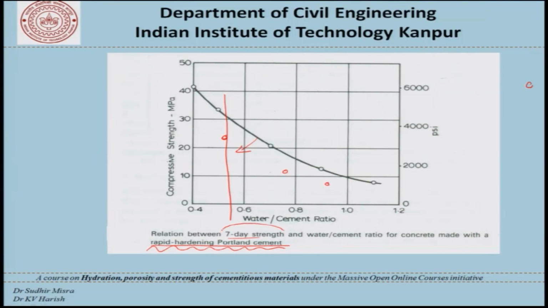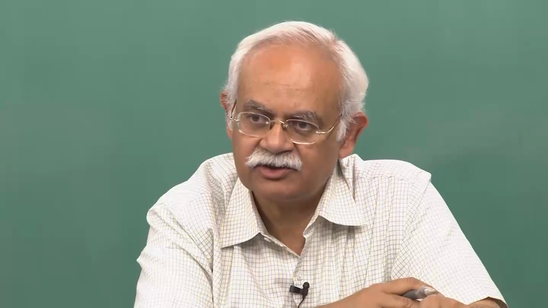Then we have, this is the 7-day strength. Now, where do you think this line will go at 28 days? This is for 7 days. So, at 28 days, we are likely to get the line shifting upwards with age. And how much it shifts from 7 to 28 days would depend on the kind of cement, the kind of curing conditions and so on.